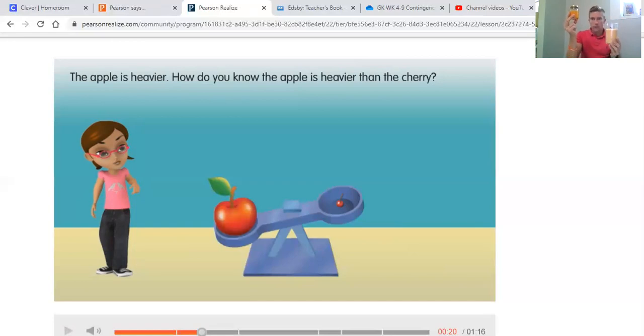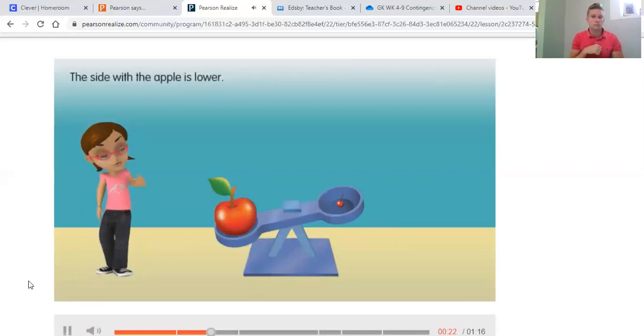It would look like this. This one's heavier, so it would be lower because it's pushing it down, and it would force this one up in the air. I wish I had a scale here to show you. But it would push it like that, with the heavier candle at the bottom. So when you have the apple here, the heavier apple moves the scale down, and the cherry goes up in the air.